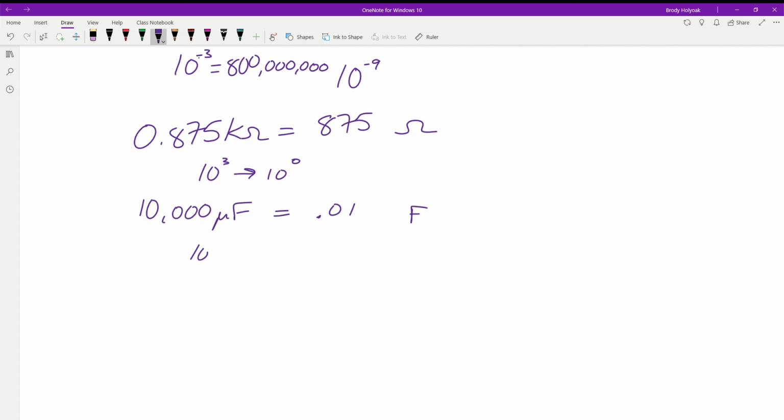Okay, so we're going from 10 to the negative 6 to 10 to the 0. So we're moving 6 decimal places. The number is getting larger because it's getting more and more positive. So we come up to 0.01.